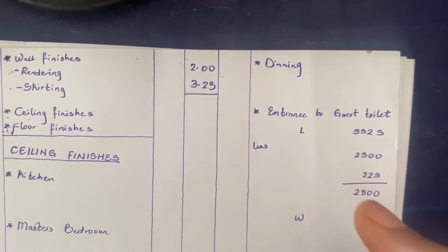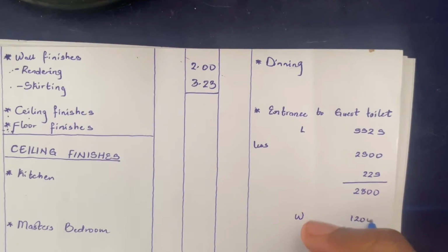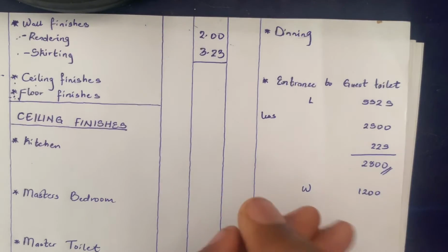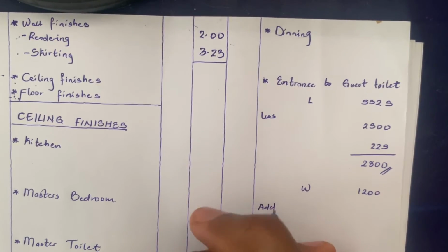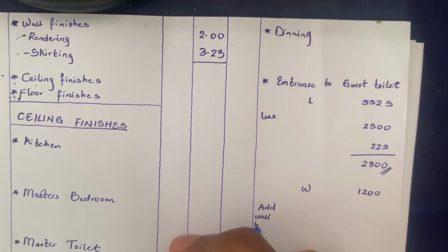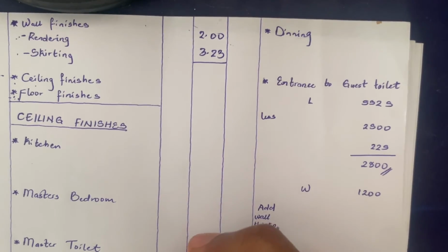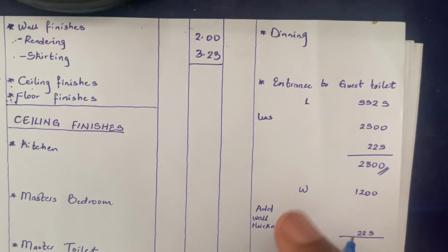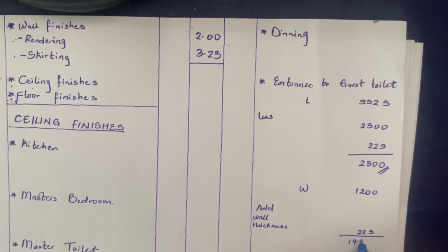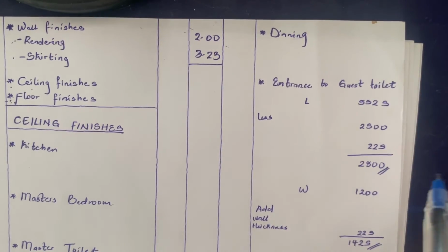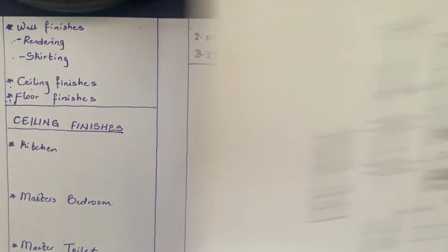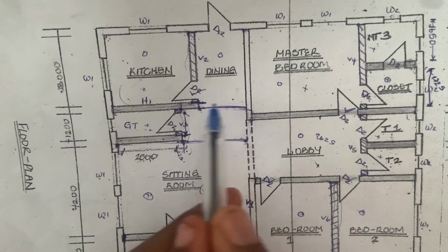Know that the width is 1200, so we'll add wall thickness, which is 225, and that will give us 1425.